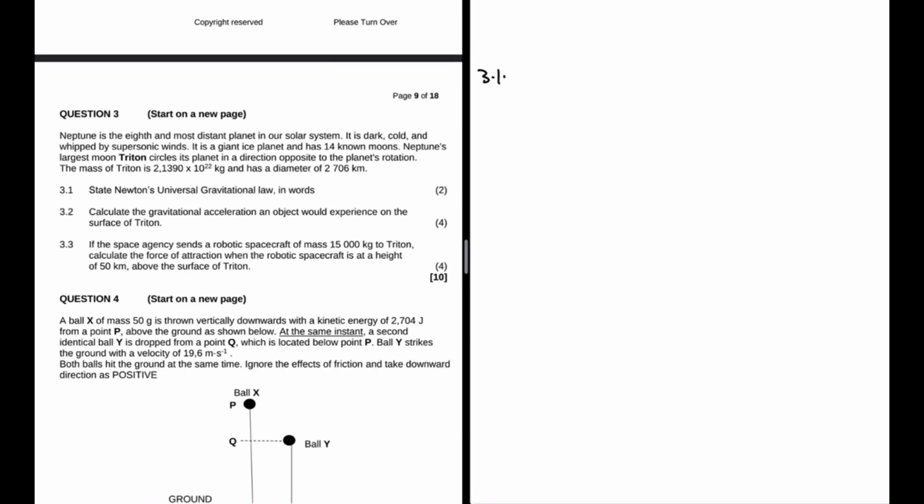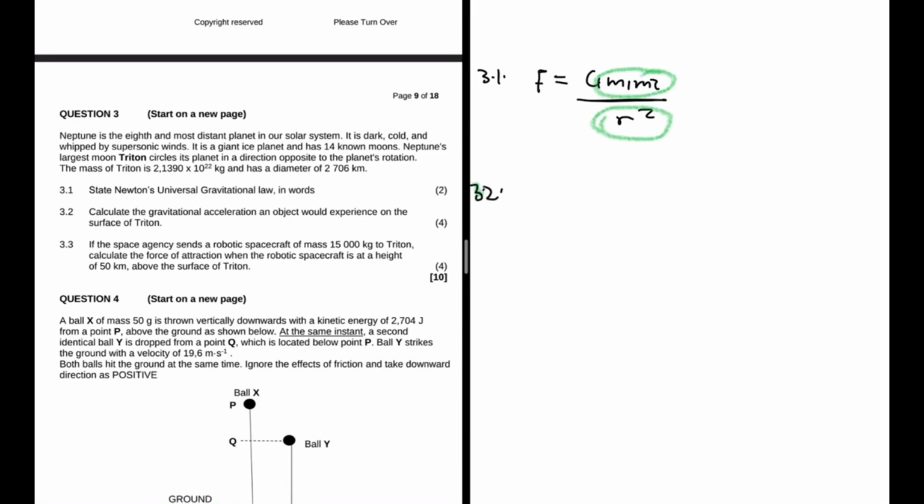We know that by formula F is equal to G m1 multiplied by m2 divided by r squared. We can see from the formula that every body in the universe will attract every other body with a force that is directly proportional to the product of their masses and inversely proportional to the square of the distance between them. And now we can go to 3.2.